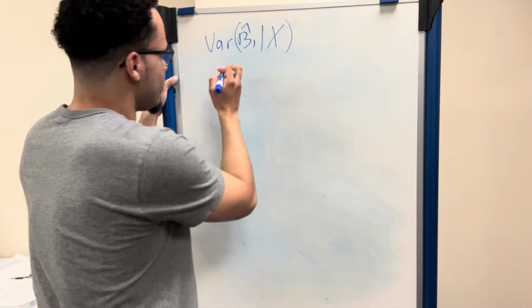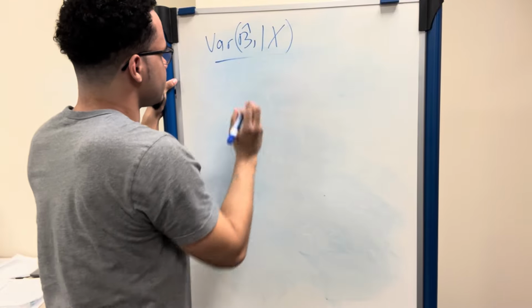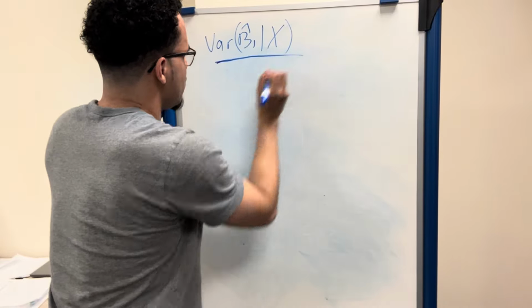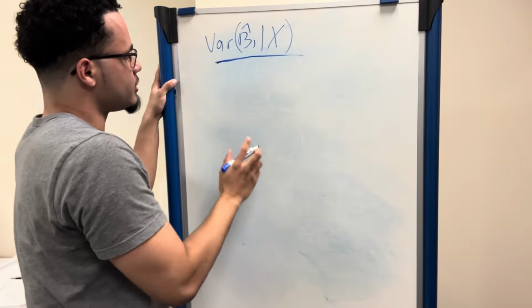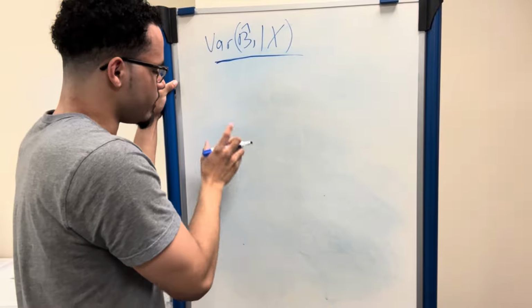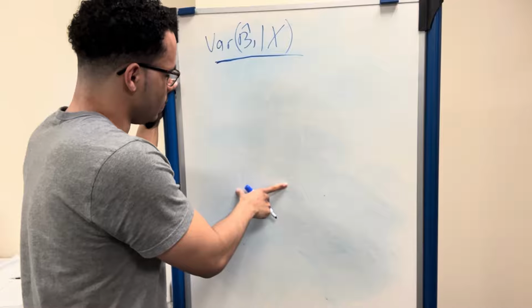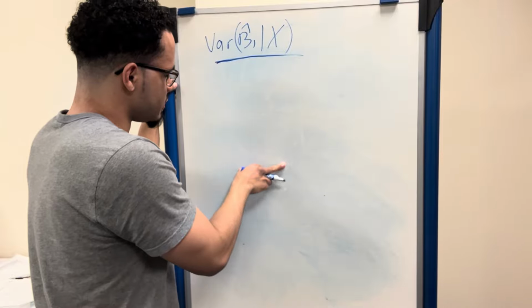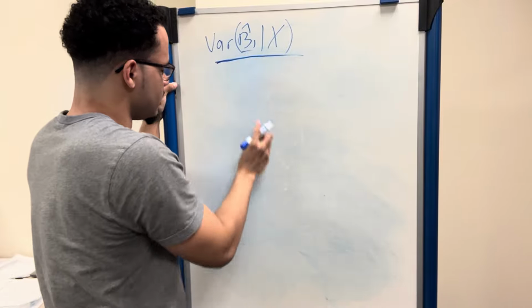We want to find the variance of our OLS estimator given X. Essentially we've already computed much of this because we established the unbiasedness of the OLS estimator itself.